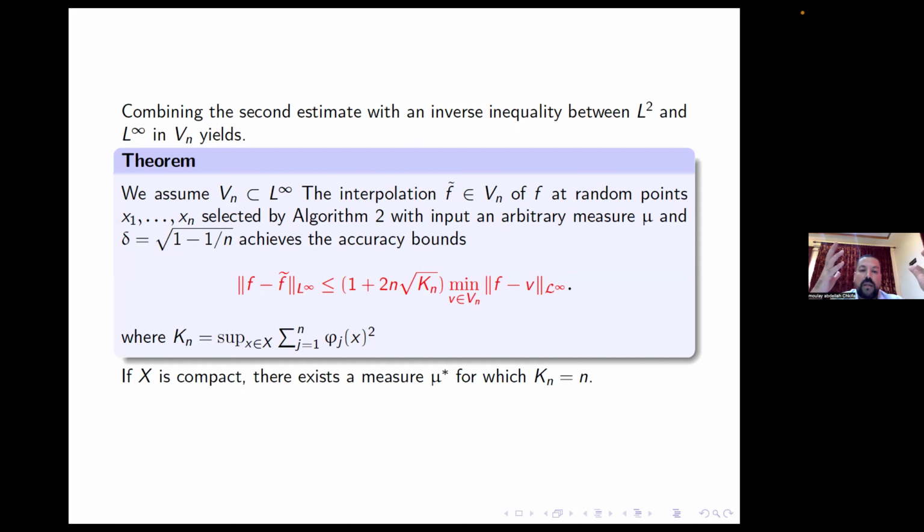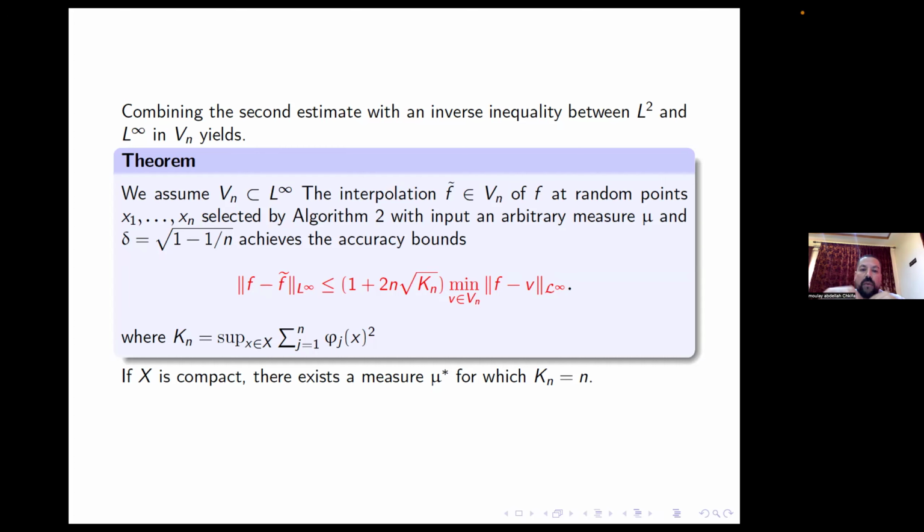So the idea is that we have a constructive algorithm with which we can produce points that have low Lebesgue constant. This is also possible using what are called Fekete points, except that Fekete points are hard to obtain because you need to maximize a determinant, and the maximization is over all the points.